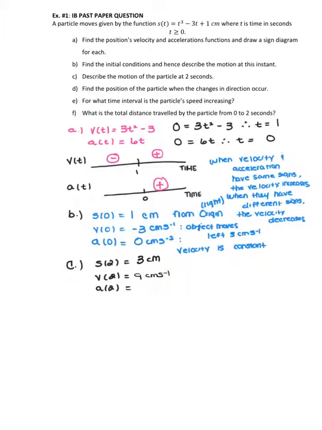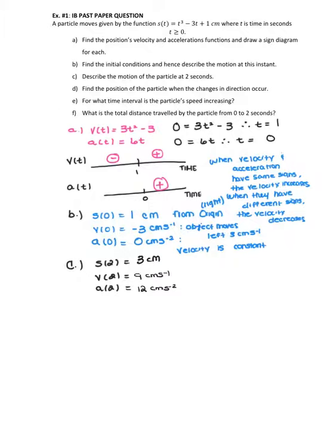And your acceleration is 12 centimeters per second squared. What does that mean? Yeah, your velocity is increasing at a rate of 12 centimeters per second, right? Questions so far?